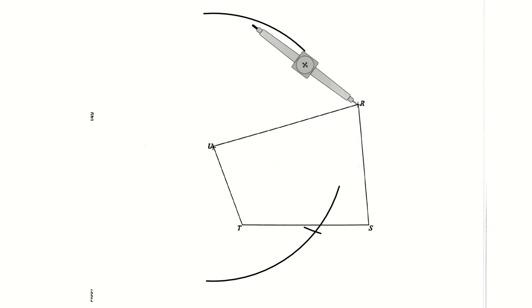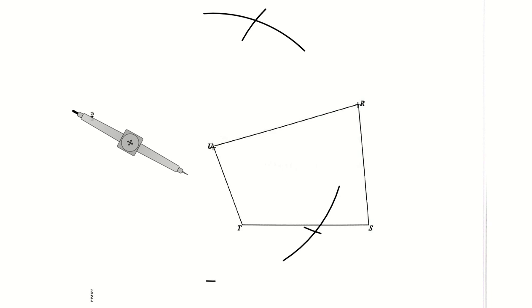Now I will erase just to make things a little bit cleaner. They do want to see these arcs because they want to make sure that you have used a compass, right?